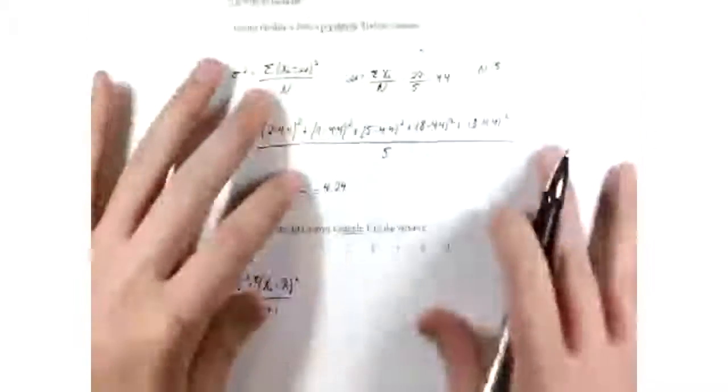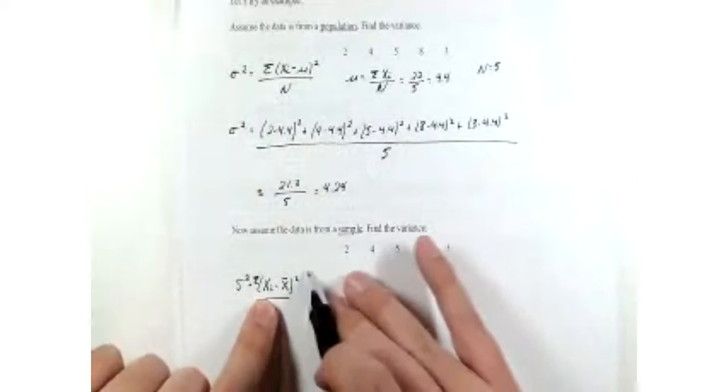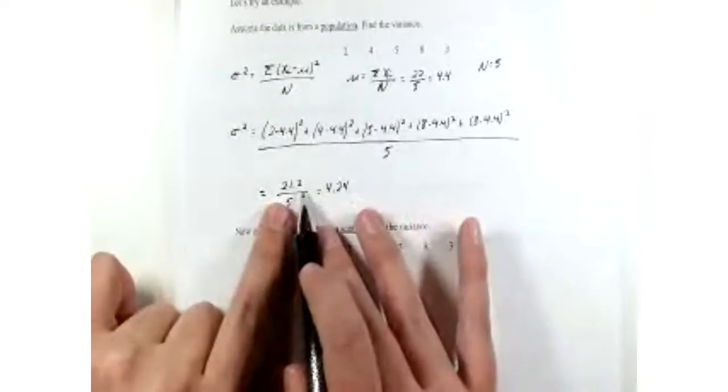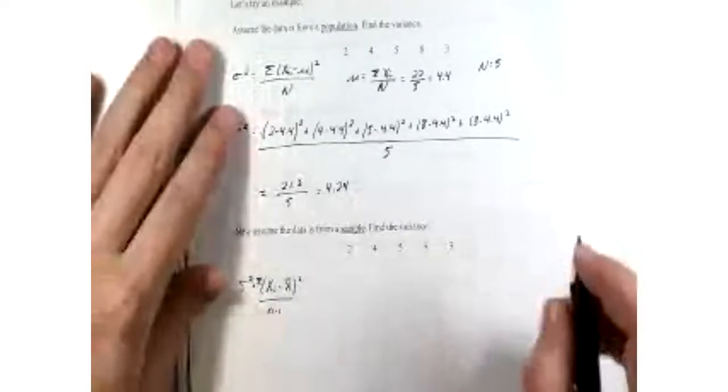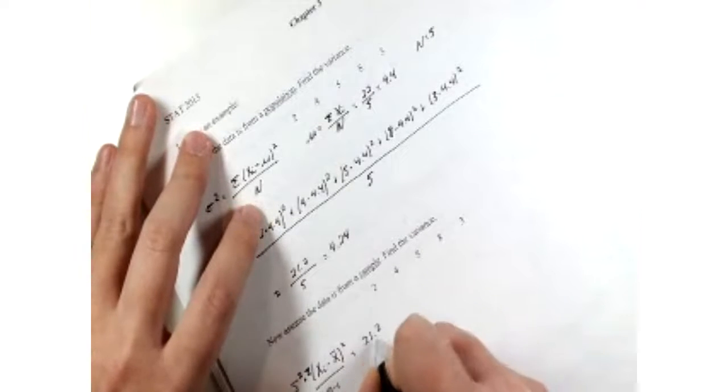And then I'm taking each data value, subtracting off 4.4 and squaring, and then adding them all up. So I'm still going to get the same numerator as I did up here, but the denominator will be different. So we'd have 21.2. What would be our new denominator?